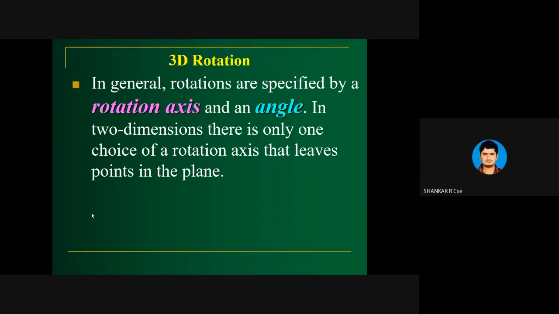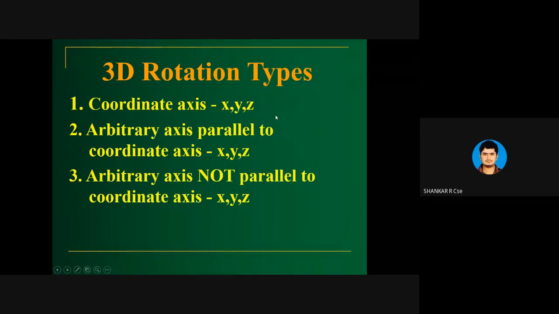For 3D rotation, you should of course know the rotation axis and an angle. 3D rotation is of 2 types, sorry, 3 types. One is keeping x, y, z in mind. Second one, taking your own axis, which is parallel to these x y z axes.